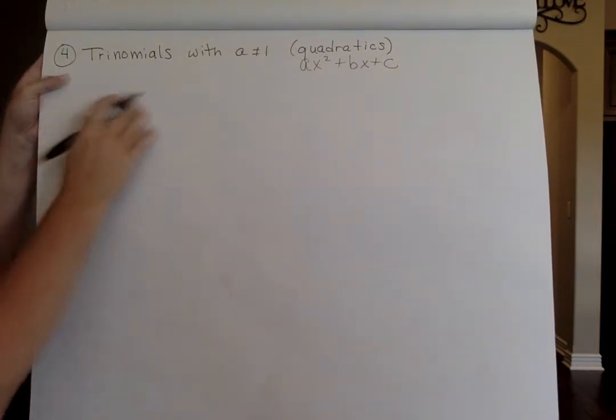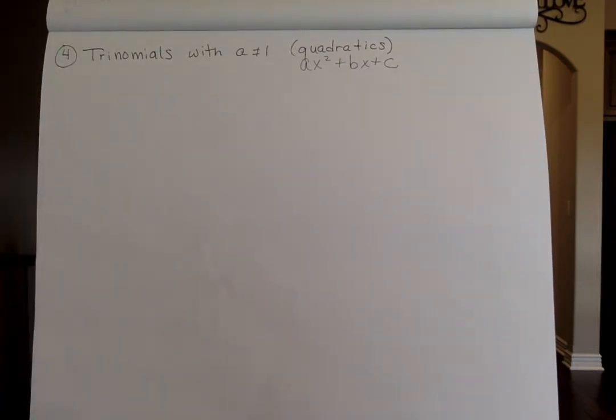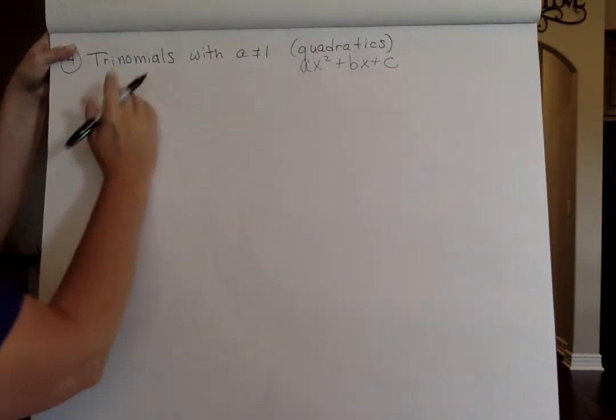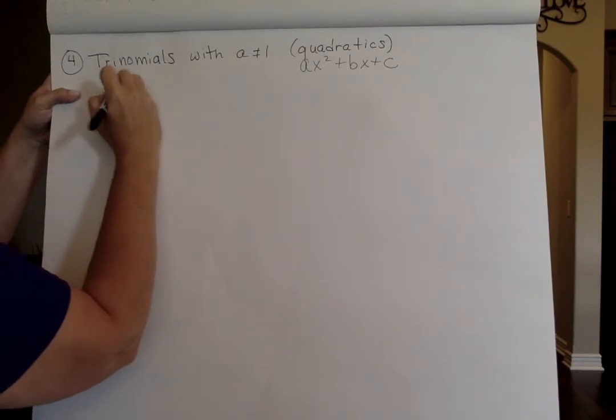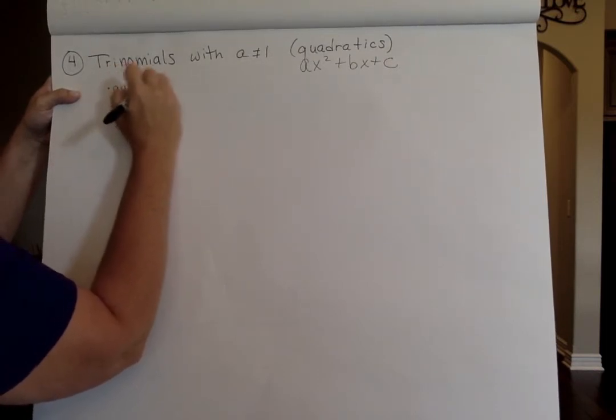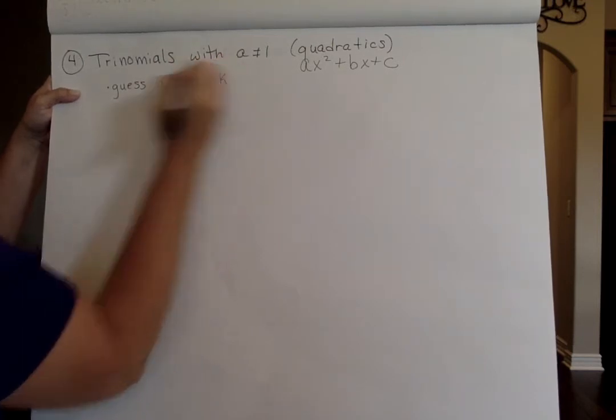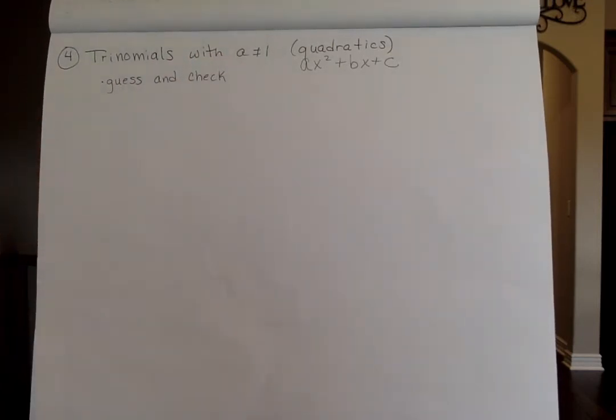There are lots of different schools of thought about this. I am going to mention a couple of them. First, some teachers like the guess and check method, right? Guess and check, just like guess some factors and see what happens.